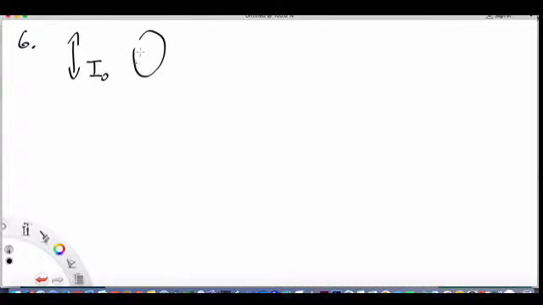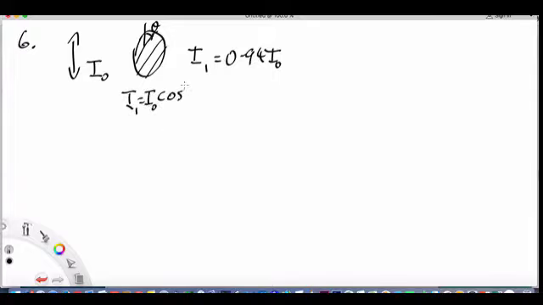Now, number 6, we have initially polarized light, intensity I0. Then we have a polarizer at an angle that we'll call theta, and the intensity that comes out of that is 0.94 I0. So immediately we know that I1 equals I0 cos squared theta, and that equals 0.94.